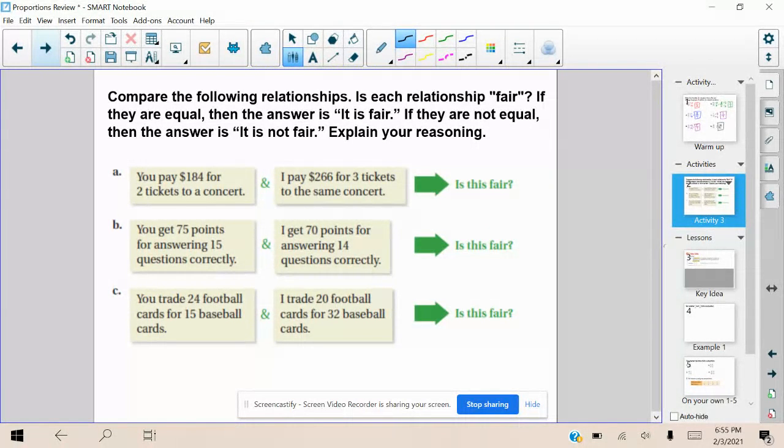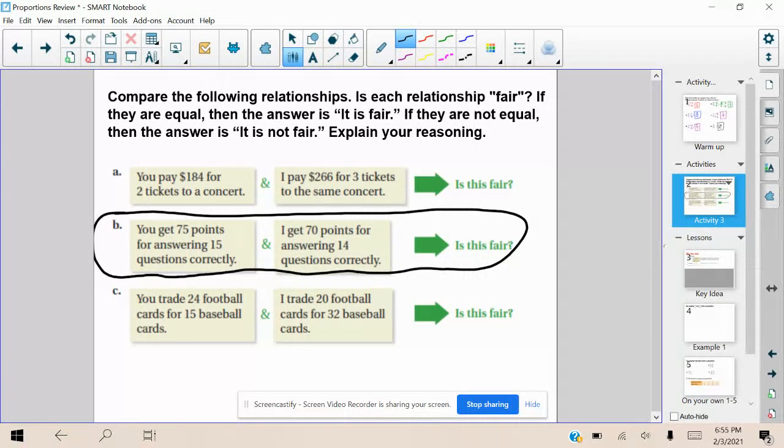Hopefully, you should have answered that B is the only fair situation. And we can relate this to your quizzes or assessments that you have. If you get 75 points for answering 15 questions correctly, that means that each question is worth 5 points.